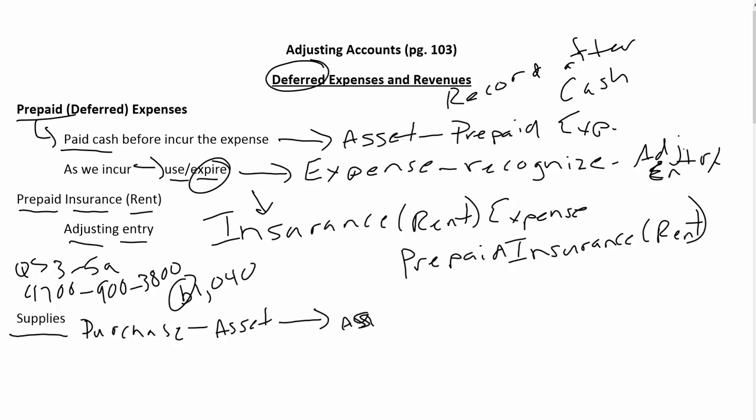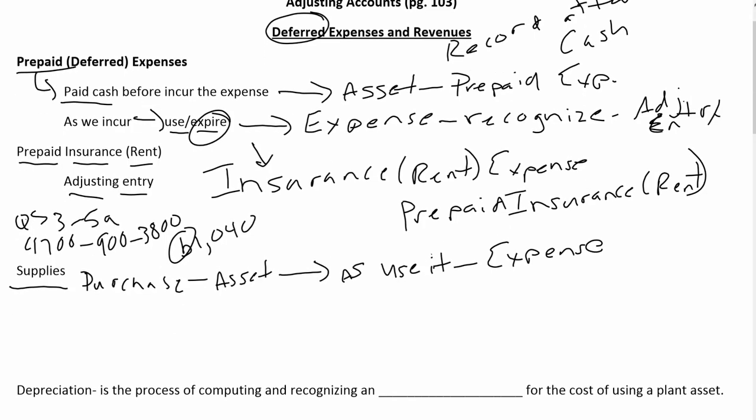And so as we use it, we want to expense it. It becomes an expense as we use it up. And so we would debit supplies expense and we would credit supplies. So we're recognizing the expense and we're reducing the supplies by how much we've used up.